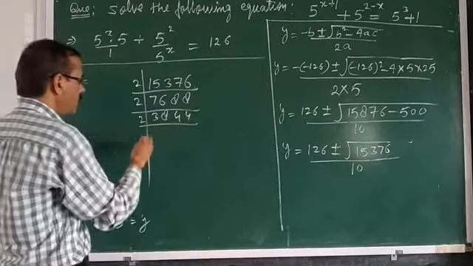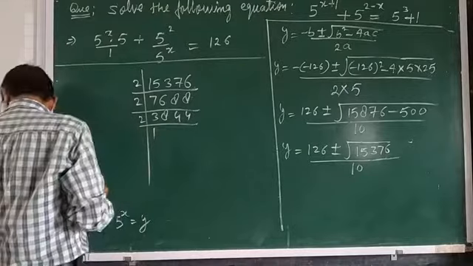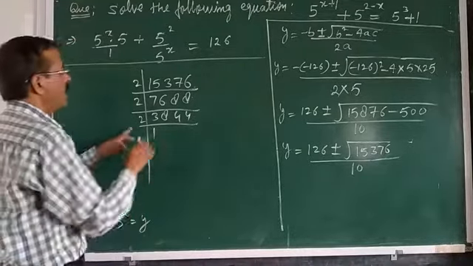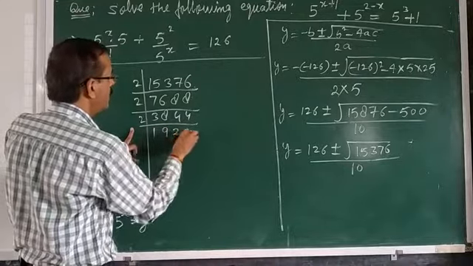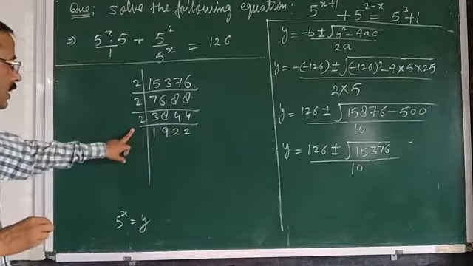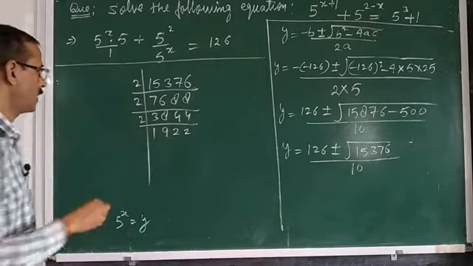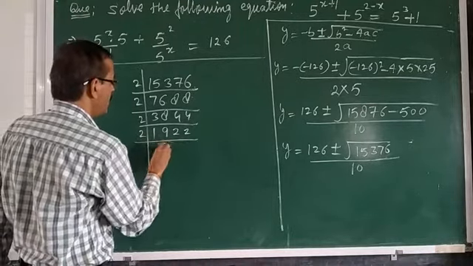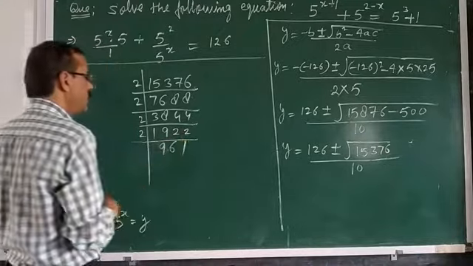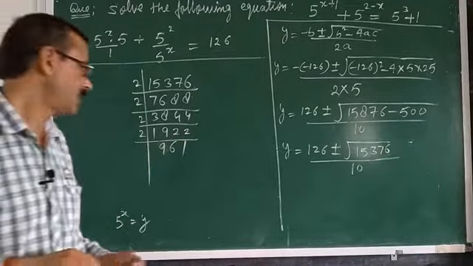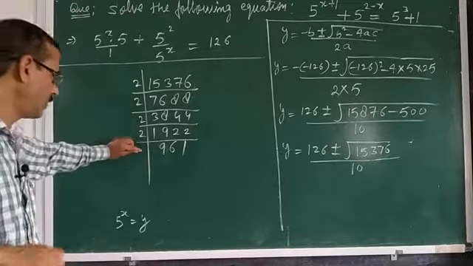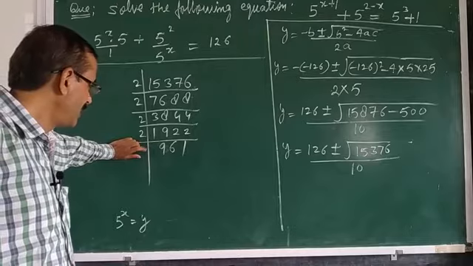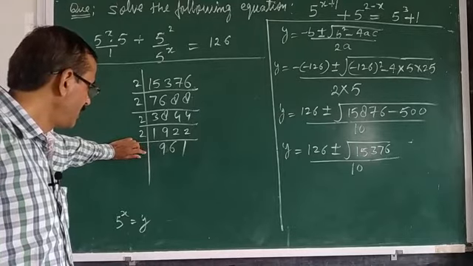Again 2 1s, then 2 9s are 18, 2 2s are 4. Again by 2, 2 9s are 18, 2 6s are 12, and 9 6 1. It will not be reduced by 3, neither 9, neither 7.